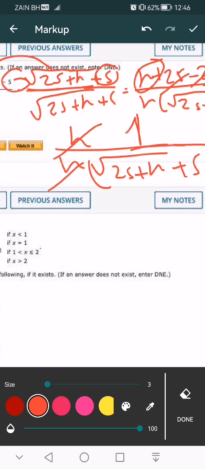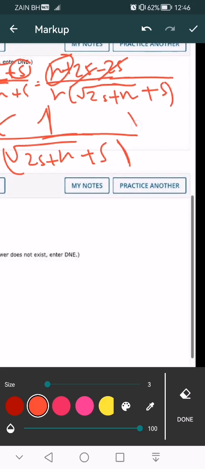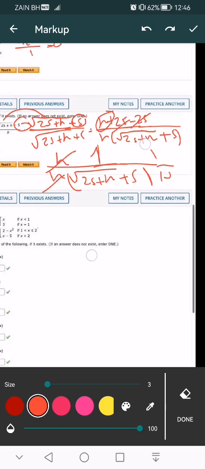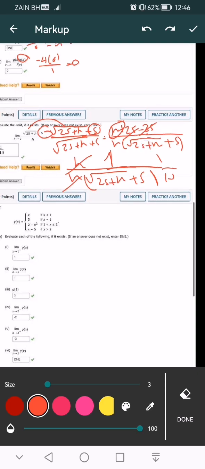When I substitute by 1 in the upper and I substitute by 0 in the bottom, you will get 1 over 10. Okay, take care for this one when you do the plus minus. Okay, this is the big deal in our mathematician.